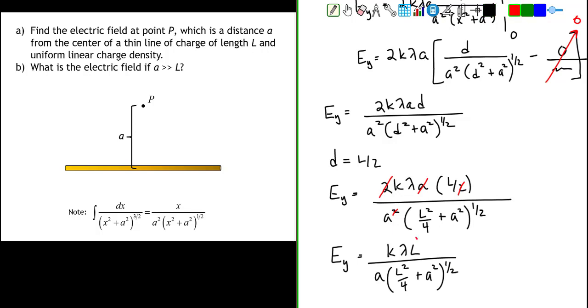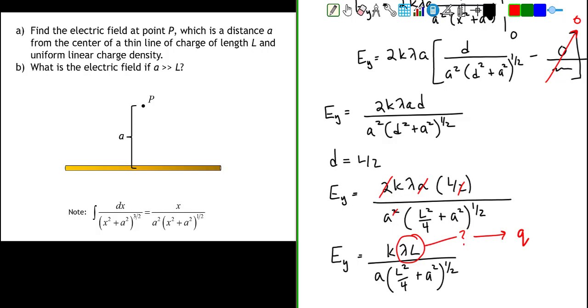So what do you think this quantity lambda L corresponds to? Well, lambda L corresponds to the total charge represented by that line. How do we know that? Well, we know that it is a uniform charge distribution.